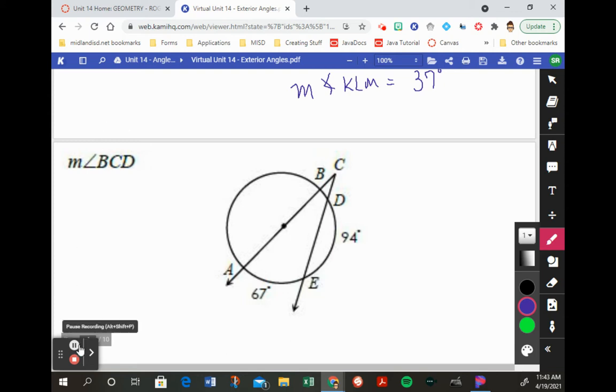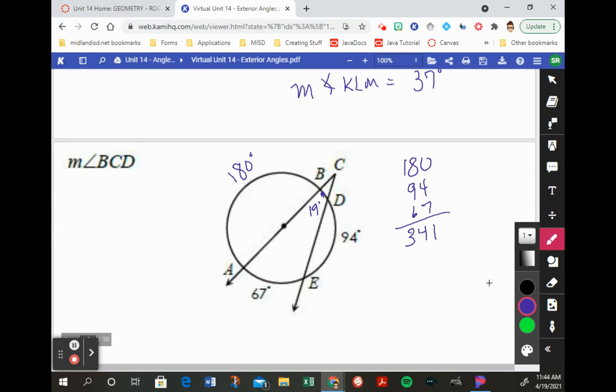Okay, so from A to B, this is 180 degrees. So I've got 180 plus 94 plus 67. Let's add those up and see what we have. 341. So what is this arc right here? Subtract that from 360. And I get 19 degrees.